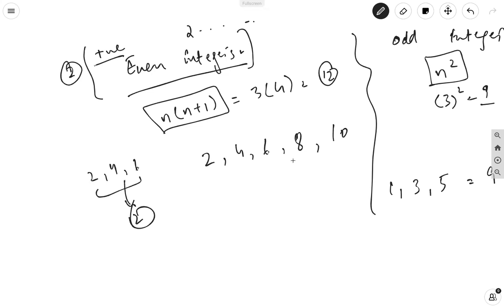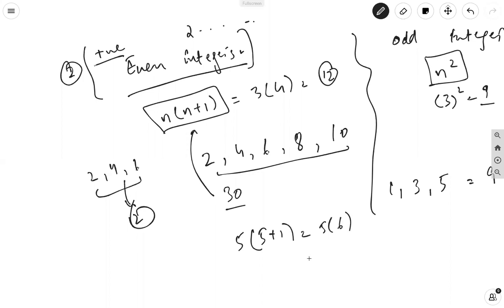30. Right? Now by using the formula, we have 5 consecutive positive even integers. So 5 into 5 plus 1. This is 5 into 6, which is 30, right?